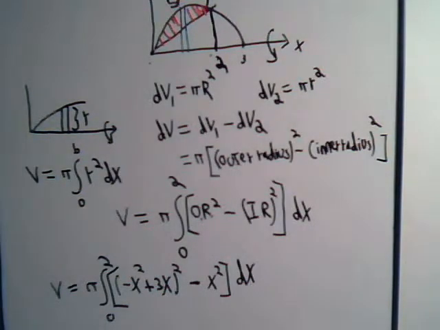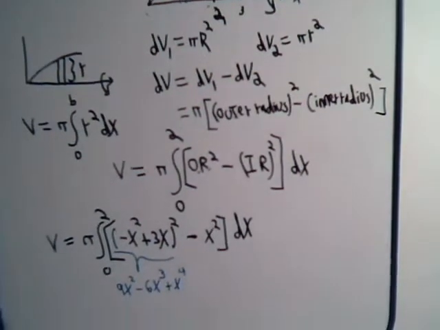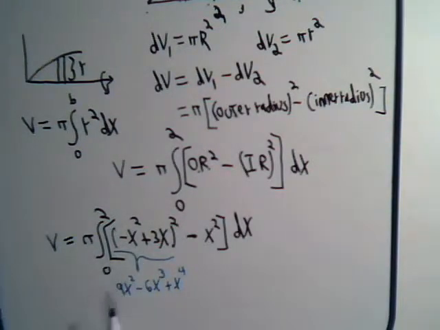And let's see. If we move along here, this right here, if we multiply this out, that would give us 9x squared minus 6x cubed plus x to the 4th.